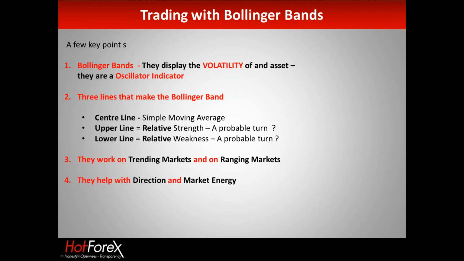And as that final point on there, I've talked about market energy as well, because they can show you when there's not much energy in the market, there's not much volatility, the candles are quite small, the price line isn't moving very much, and we've got this compression of the energy.